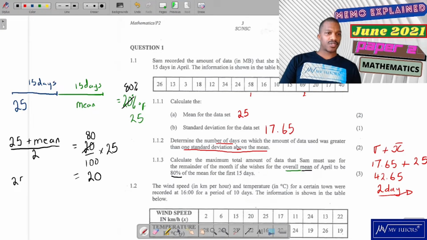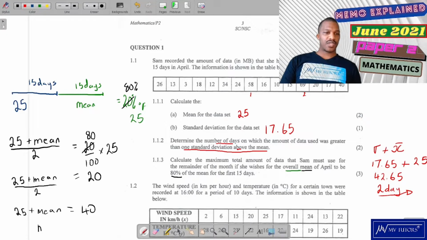This side we have 25 plus the mean, divided by 2 to make it an overall mean. Now we just have to do mathematical gymnastics to solve for the mean. First thing we're going to do is get rid of the 2 by multiplying both sides by 2. When we do that, we have 25 plus the mean we are looking for, equals 20 times 2, which is 40.